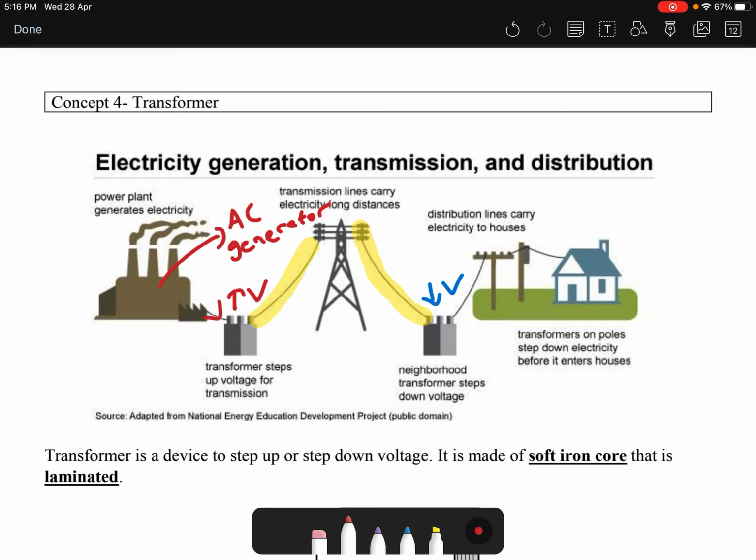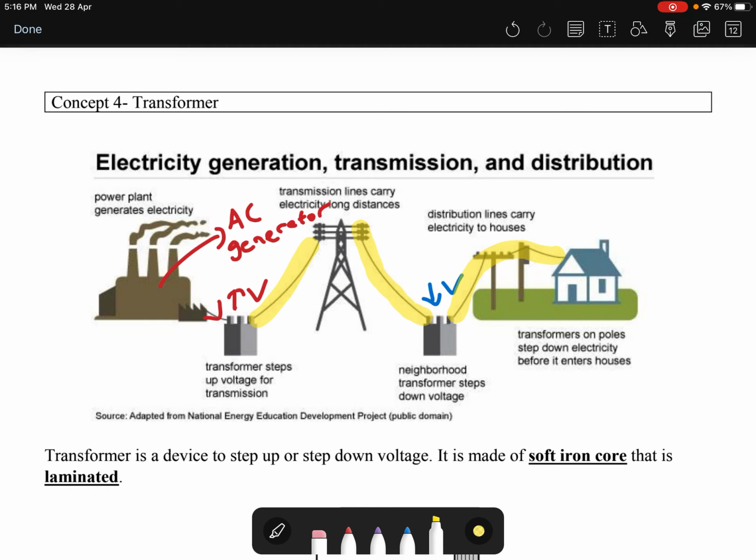So before it enters our house, the second transformer will step down the voltage. If they don't step down the voltage before entering our house, we would be using electricity with very high voltage, and this is very dangerous. So you need to step it down before entering your house.